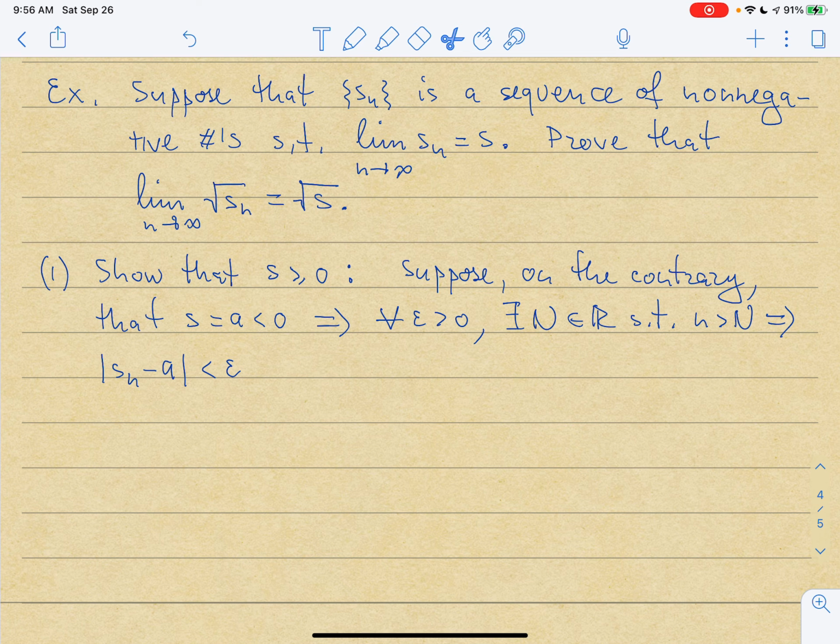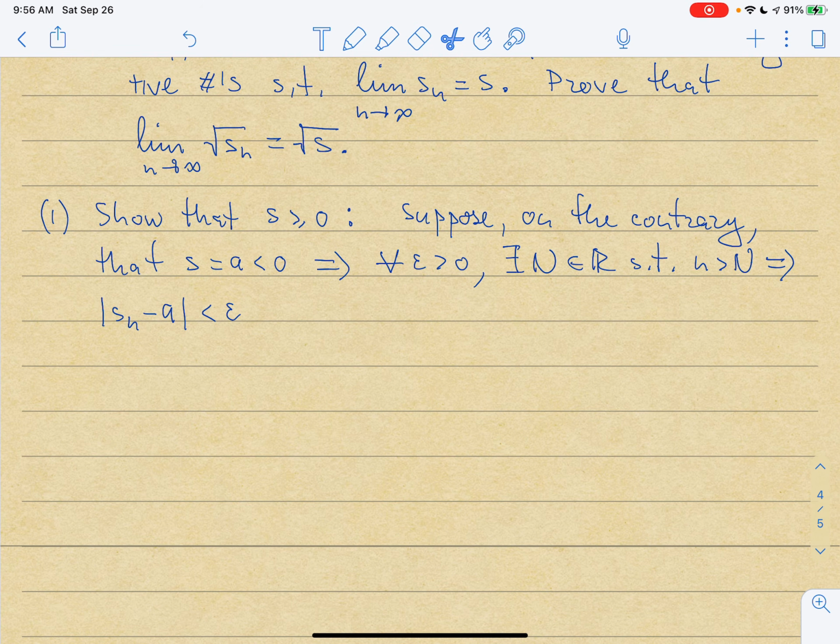So A is just a negative number. Okay, so then if I look at Sn minus A, is there anything that I can say about it? Sn is positive, A is negative.